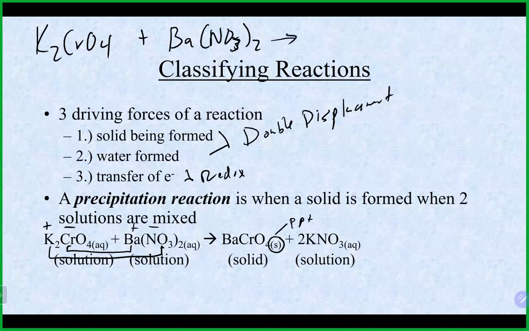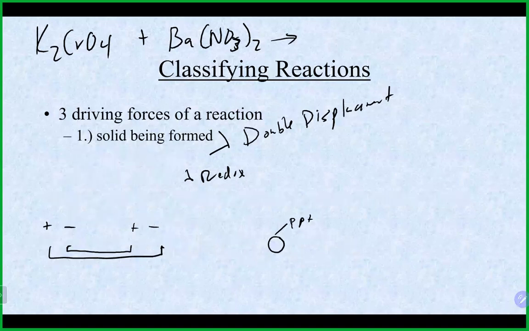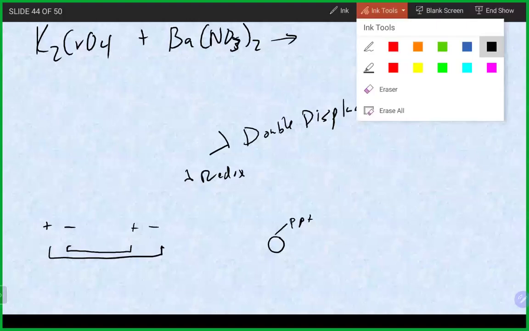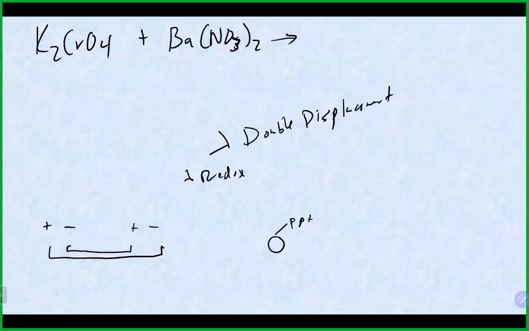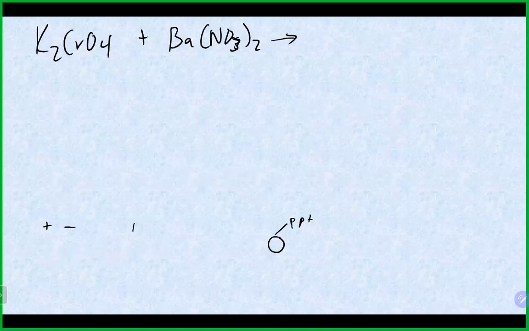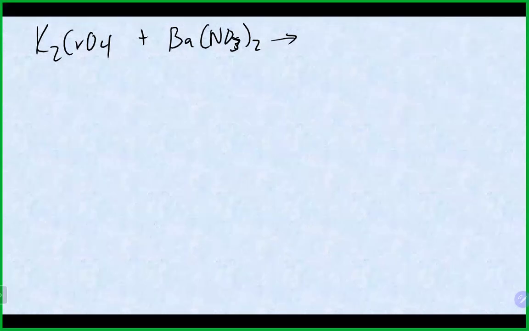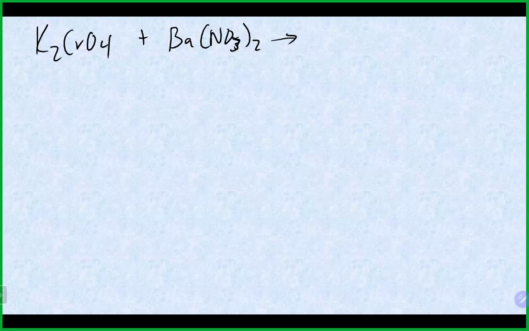Just a reminder about a couple of things we've been talking about in these last couple of chapters. If you are given this equation, on the other side of the equation you want to make sure that you start with just the correct formulas, and then you should do the balancing.